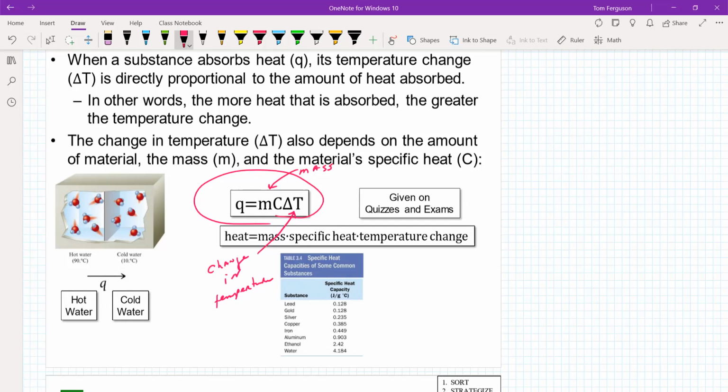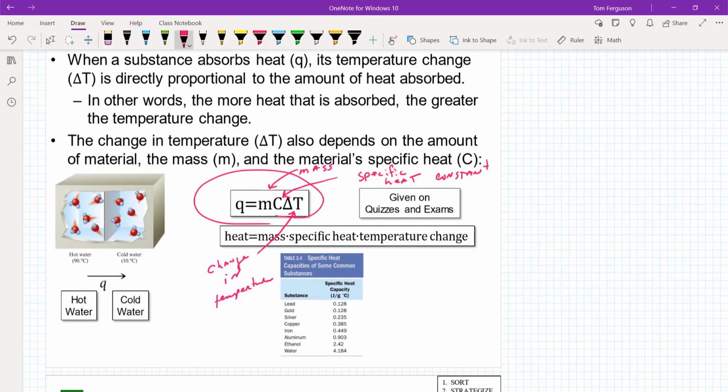And then we have the specific heat capacity for that object that's being heated or cooled.